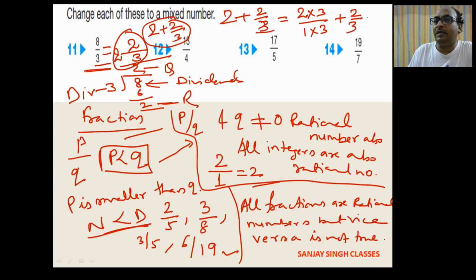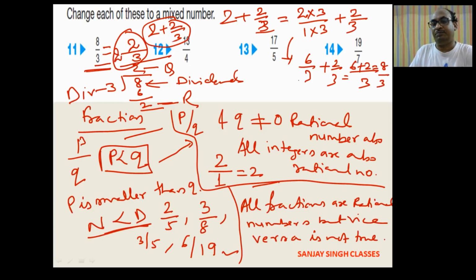It has become 6 by 3 plus 2 by 3. Once again I will make it clearer. Now in the denominator, 3 is common to both, and the numerators will simply be added. So 6 plus 2 has become 8 by 3.